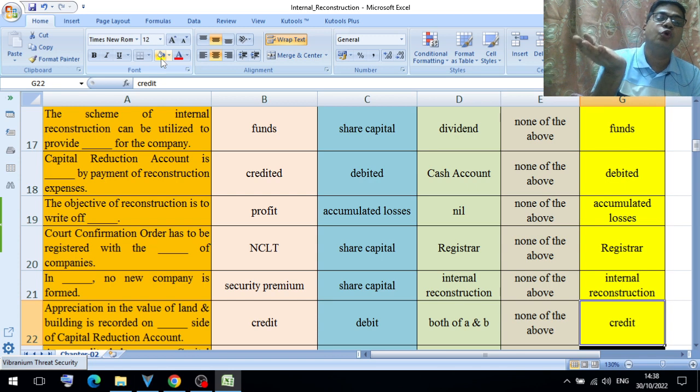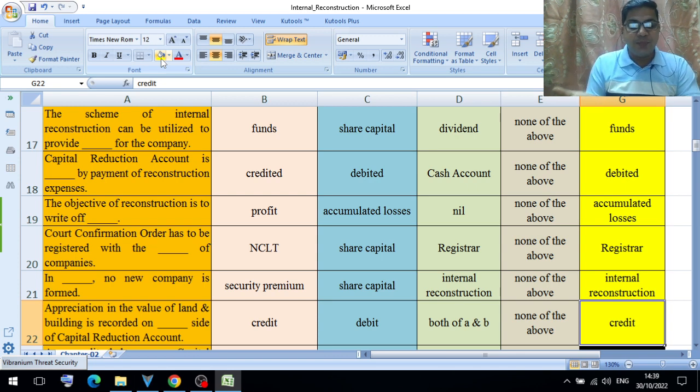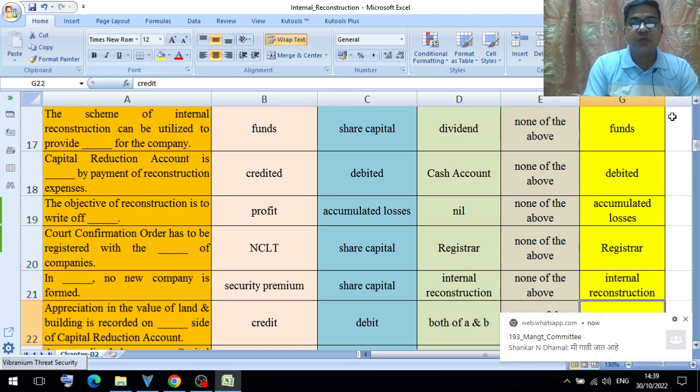If the asset is appreciated, the appreciated value we will record on the credit side of the capital reduction account. If depreciation is there, the depreciated value we will record on the debit side of the capital reduction account.